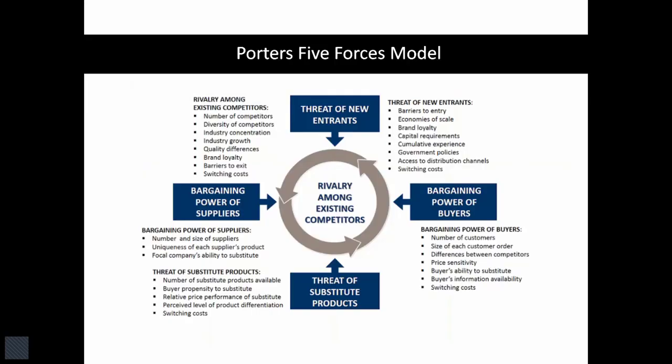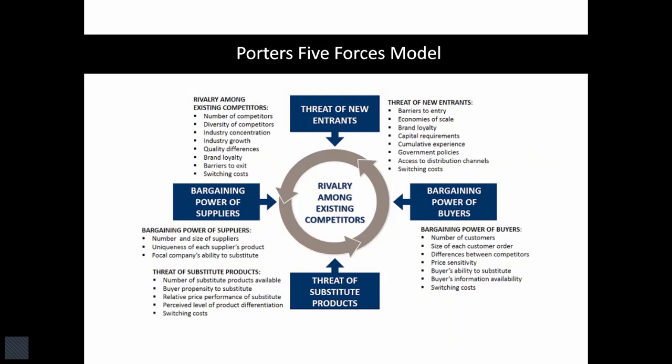So moving on to the next stage, that is the Porter Five Forces model. After understanding and evaluating the environment, doing the SWOT analysis, and defining the STP, that is segmentation, targeting, and positioning, we need to understand the level of competition we are going to face in the market.